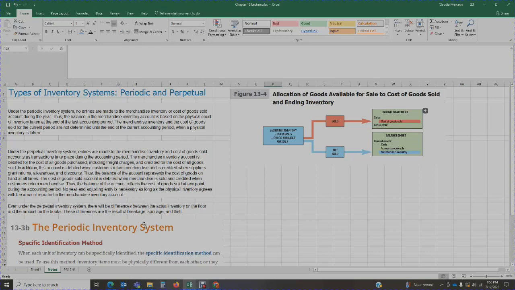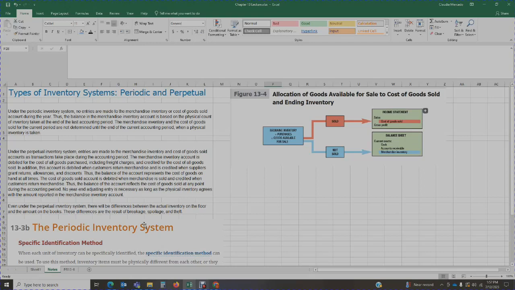The merchandise inventory account is debited for the cost of all goods purchased, including freight charges, and it's credited for the cost of all goods sold. Also, the account is debited when customers return merchandise, and it is credited when suppliers grant returns, allowances, and discounts. Okay. The balance of the account represents the cost of goods on hand at all times.